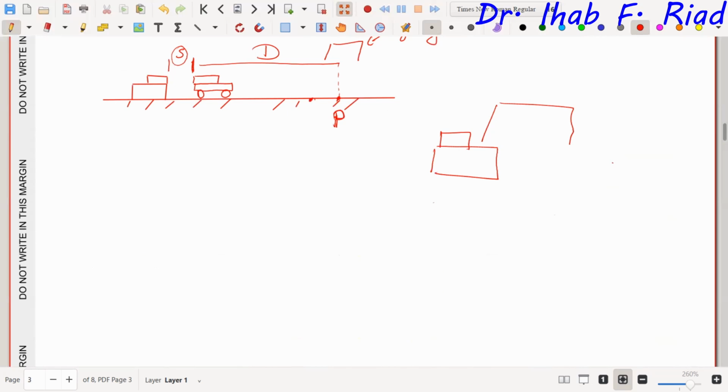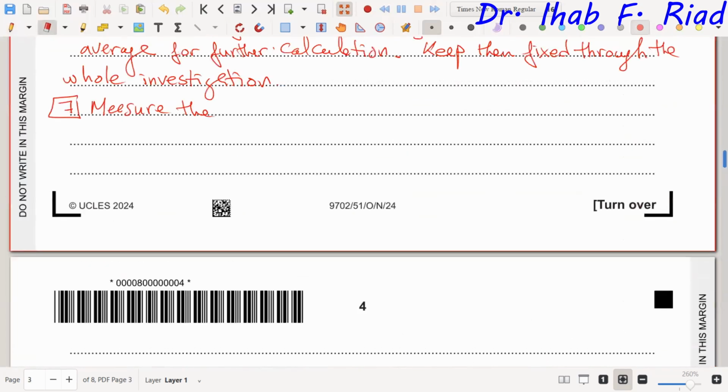Yes. Okay. Okay, no, let us do it like this: length L of the trolley using a meter ruler.